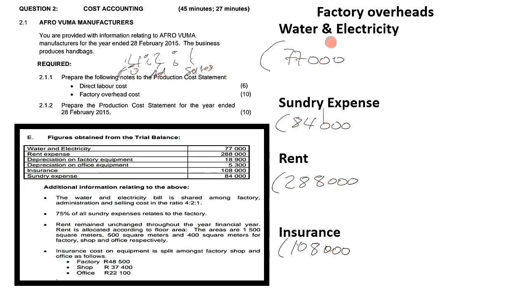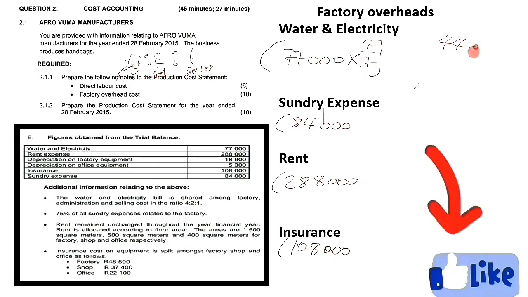Water and electricity should be allocated to factory overheads, so you say 77,000 multiplied by 4 over 7. That gives 44,000, which should be allocated to your factory overheads.